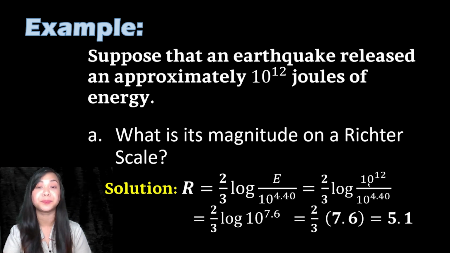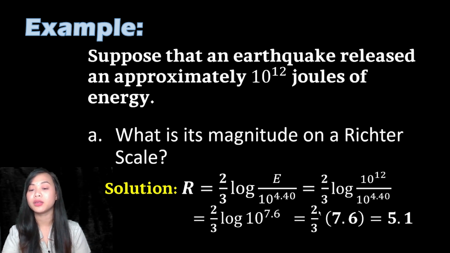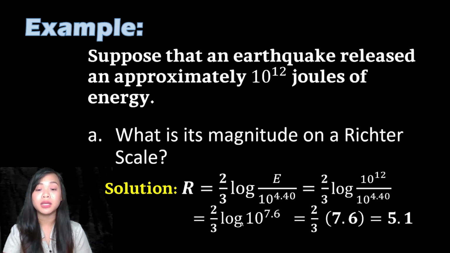When we divide 10^12 by 10^4.4, that is equal to 10^7.6. The logarithm involved here is a common logarithm, meaning the base is 10. So we have base 10 here, and the power is also base 10.